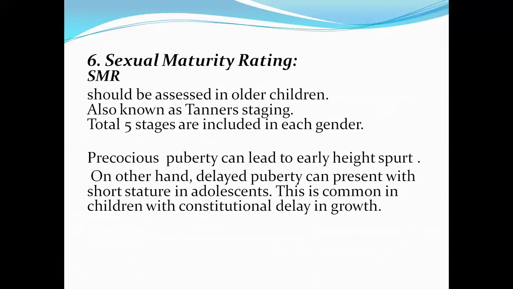Maybe the baby is only 8 or 9 years old and he or she is much taller than the peer group. But SMR rating is telling us that this is precocious puberty, then the scenario is entirely different. On the other hand, delayed puberty can present with short stature in adolescents. This is common in children with constitutional delay in growth.